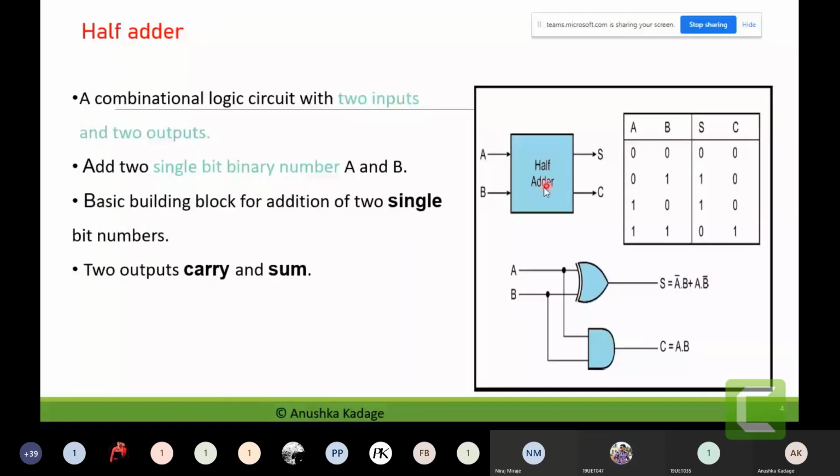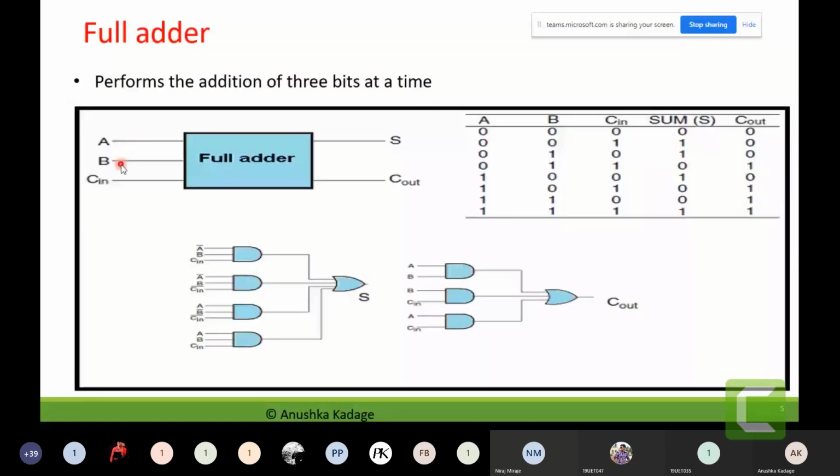For this half adder block, only two inputs were present, that is, the numbers which are to be added. Here the carry does not exist at the input side. But in the full adder, along with these two numbers, the input carry also exists. And that's why it is named the full adder.